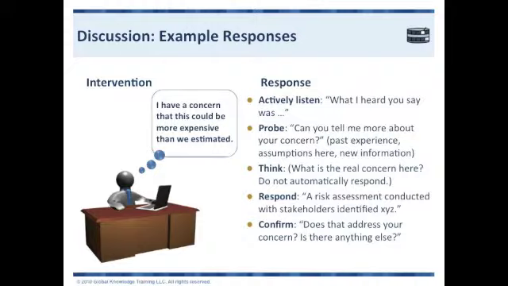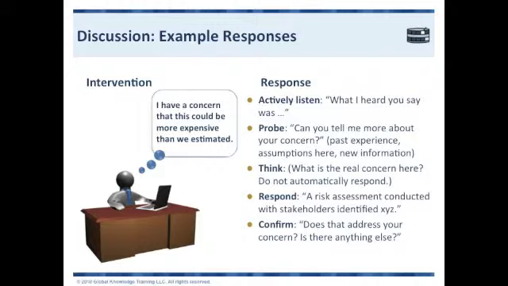Here we're trying to figure out, is it some kind of past experience, some assumption he's making? Maybe he's got information that we don't have. We're going to think, what is the real concern? Respond as appropriate, and then confirm. Does that address your concern? Is there anything else?